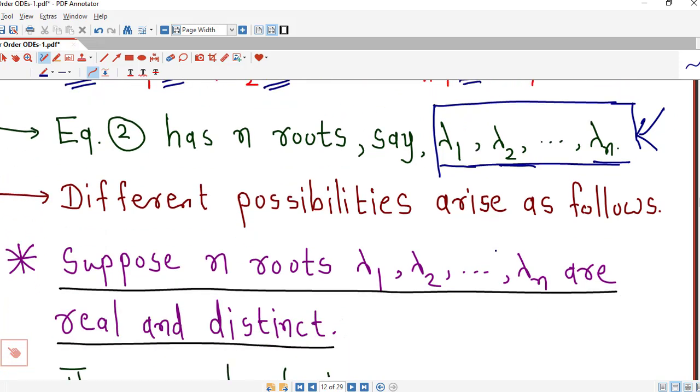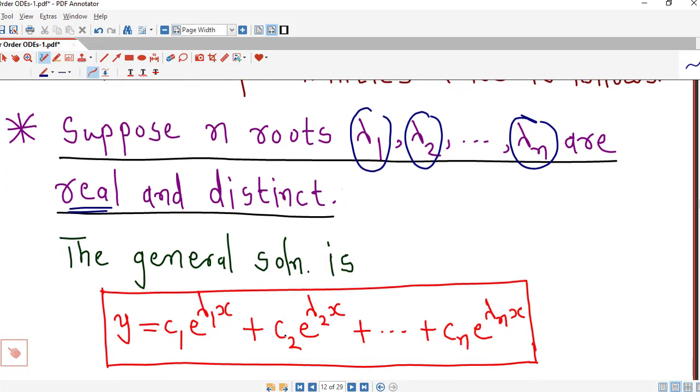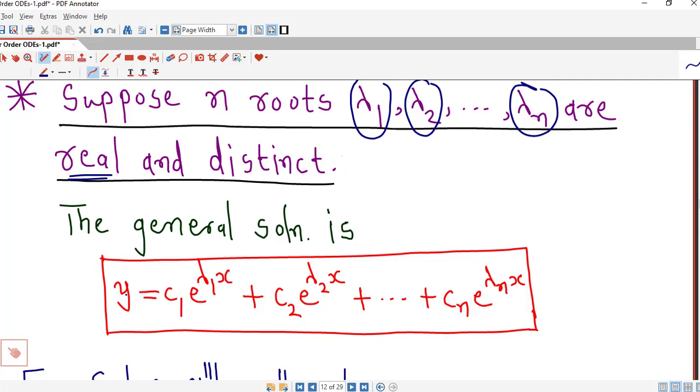The first possibility we are considering is, suppose all the roots are real and distinct, or all the roots are real and different. In this case the general solution is given by y equal to c1 times e raised to lambda 1x plus c2 times e raised to lambda 2x, and so on, cn times e raised to lambda nx.